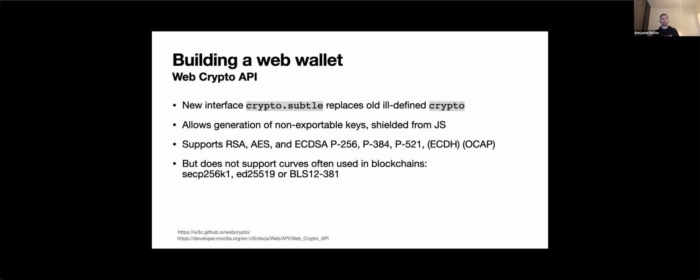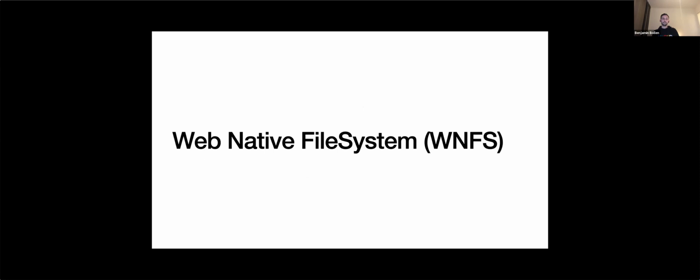However, we're still not out of the woods because they support RSA for encryption and signing, AES for symmetric keys, and some elliptic curves, but those are not the ones that we are actually interested in when we're talking about blockchains, because those are secp256k1, and in particular also BLS12-381. So we have to do something more than this.